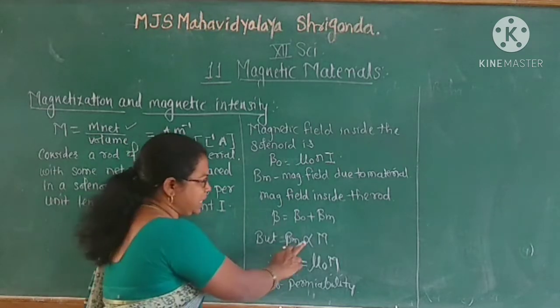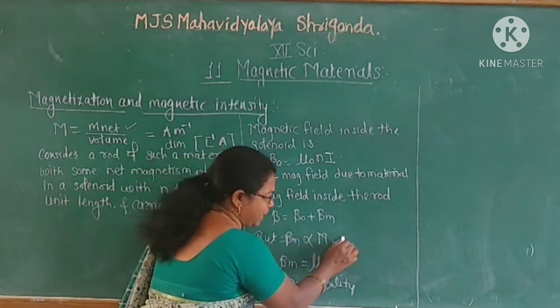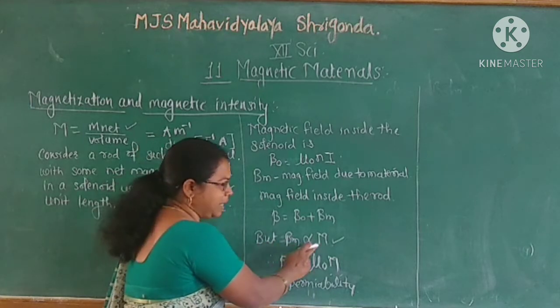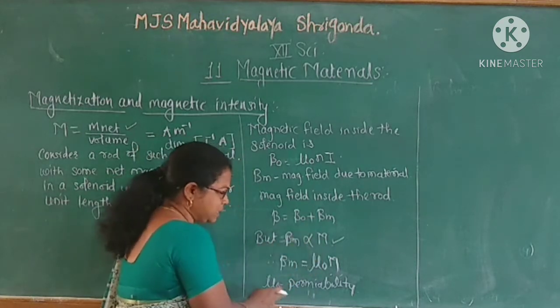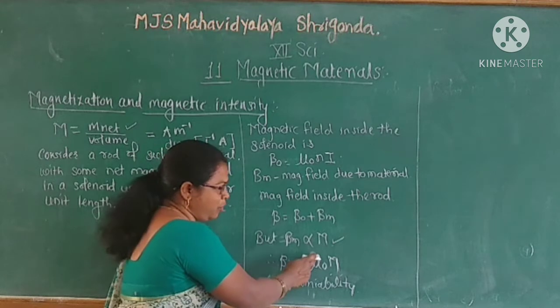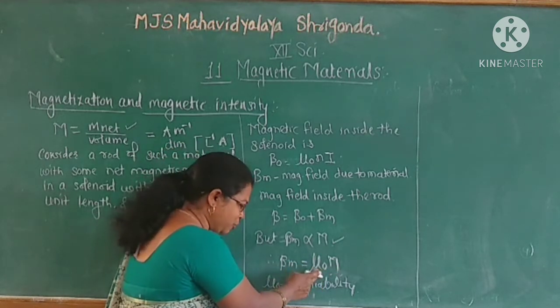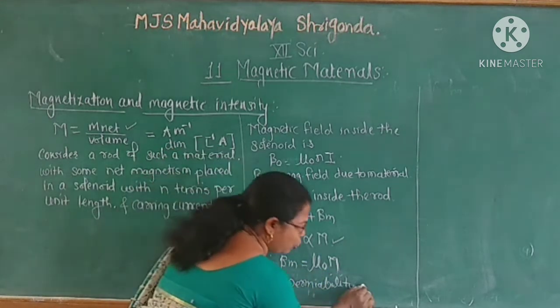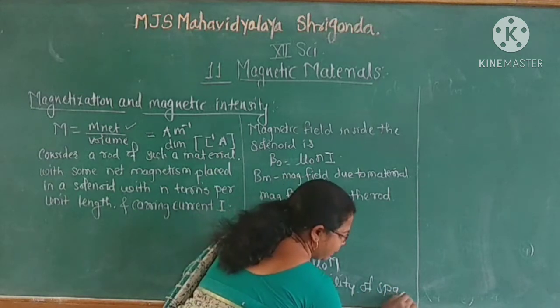This Bm is directly proportional to the magnetization. Therefore, Bm is equal to mu naught M, where mu naught is the permeability of space.